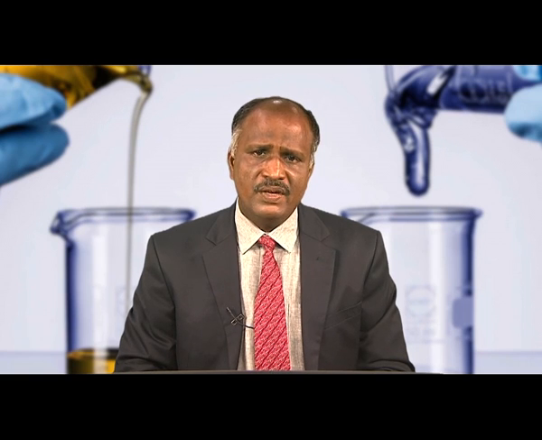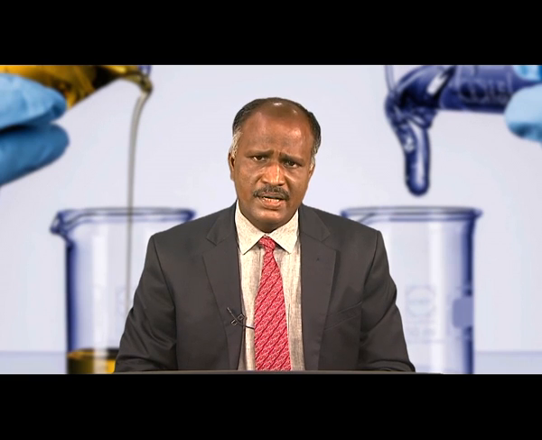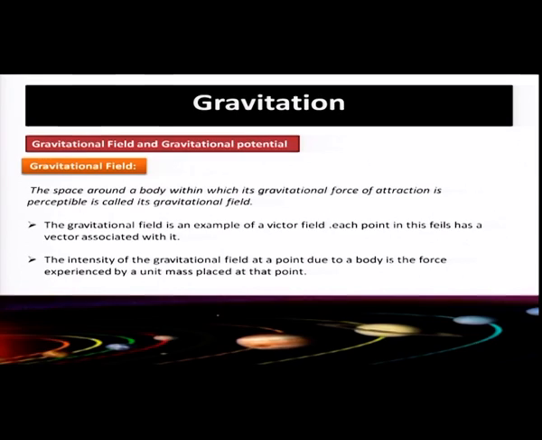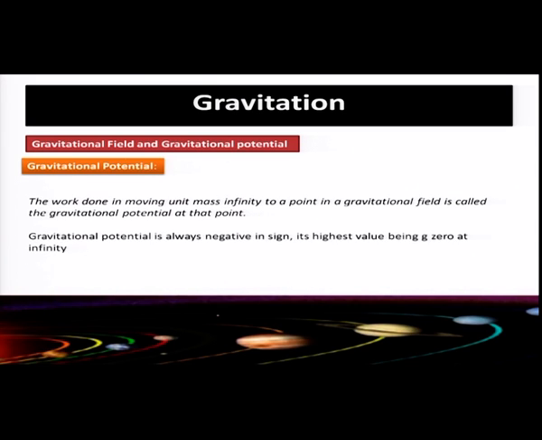The gravitational field is a vector quantity, or I can say it is a vector field, and therefore, each point on this vector field is associated with a vector. The other important point for gravitation field is that the intensity of the gravitational field at a point due to a body is the force experienced by a unit mass placed at that point.